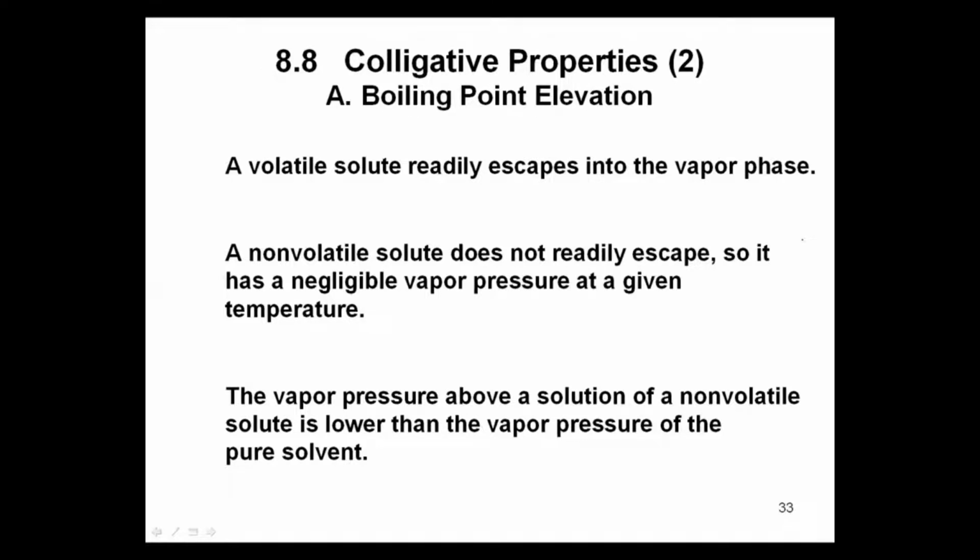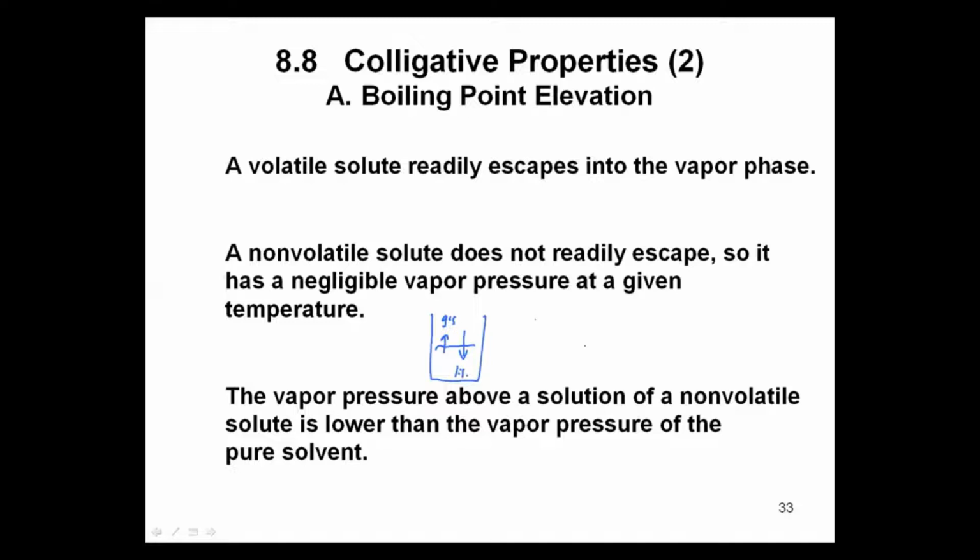Now, when we talk about the vapor pressure, that's basically the pressure of a gas above a liquid. So if we have a liquid, at the surface of the liquid, we have molecules jumping out of the liquid into the gas phase. We also have molecules from the gas phase going back into the liquid phase. So at the surface of the liquid, you have a lot of that back and forth happening.